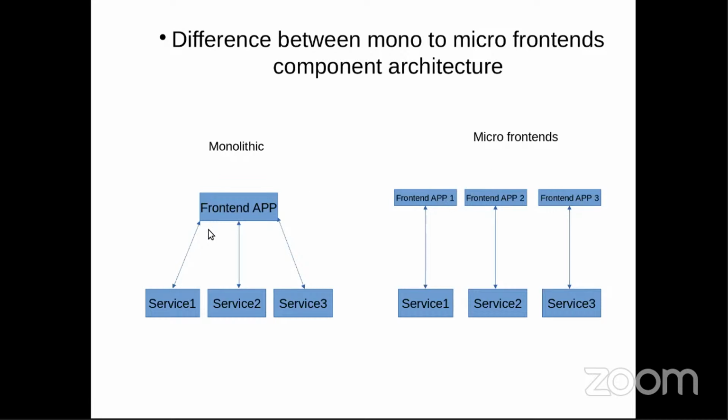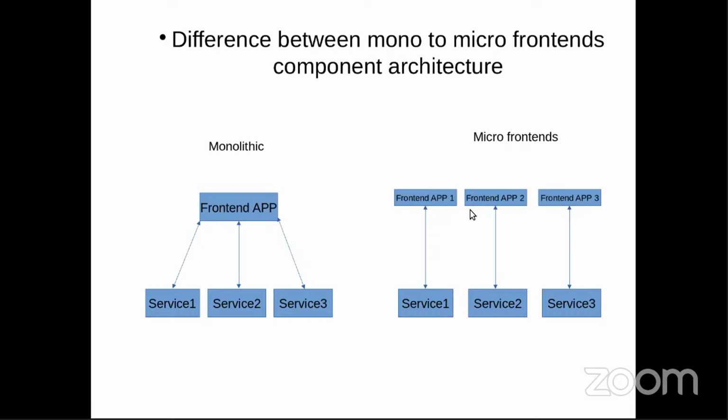So let's apply micro frontends to this front end app, and that's how we'll have front end apps 1, 2, 3. For every front end app, we can have its own container. When we compare having one container with the whole app against having different containers for different apps, performance would increase with three containers compared to a single container.